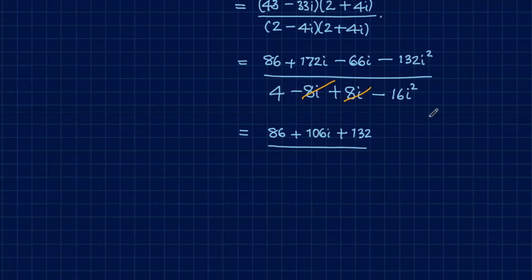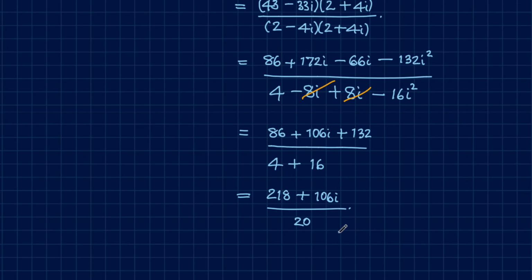Now from the denominator, we have 4 plus 16. Since the negative also neutralizes this negative here, now we can add the two numbers together because they're real numbers. So 86 plus 132 will bring for us 218. Then plus 106i divided by the denominator, that is 20.